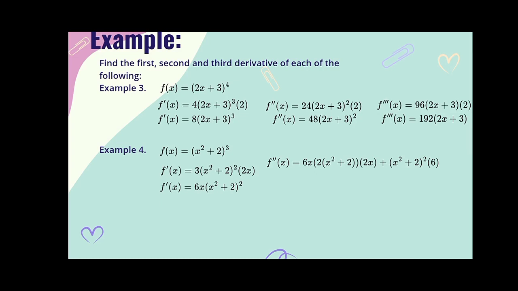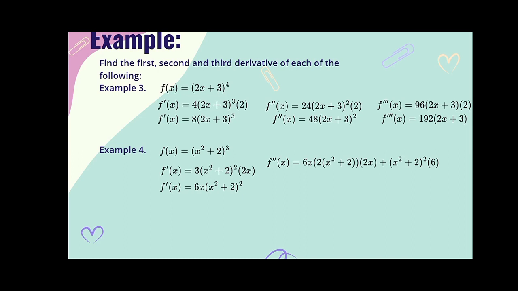So first, we will apply the chain rule to x squared plus 2 raised to 2, which is we will multiply 2 to the coefficient of x squared plus 2, which is 1. Then we will get the derivative of x squared plus 2, which is 2x, because the derivative of 2 is 0.